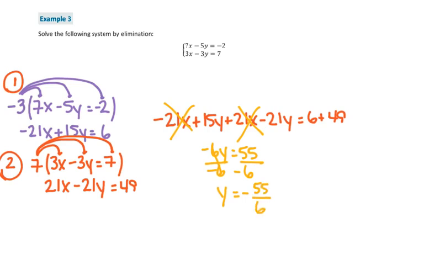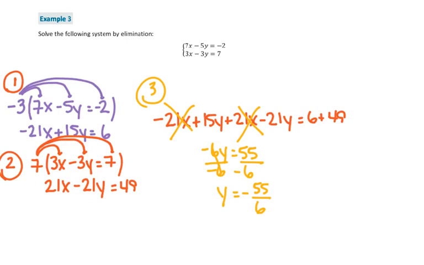So now what I need to do is figure out what x is, which means I need to plug this y value back into one of my equations above to solve for x. Because right now I just have a y value, and a solution to a linear system is an x and a y value. So we need to determine that right now. And even though we just manipulated both of these equations, I'm going to plug this y value back into one of my original equations.